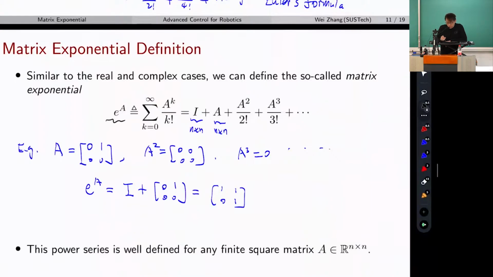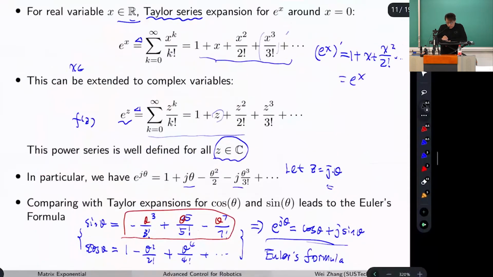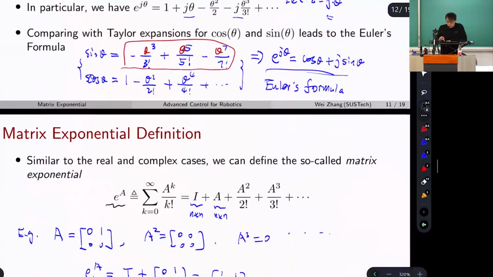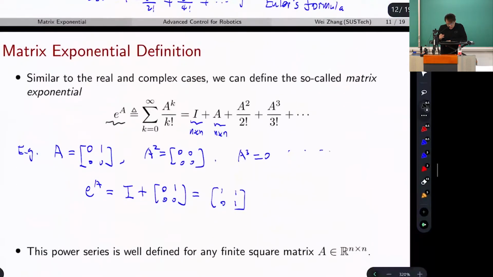This formula is exactly the same as the exponential function, except you use A to replace the real variable x. And by this definition, you can already compute the matrix exponential.